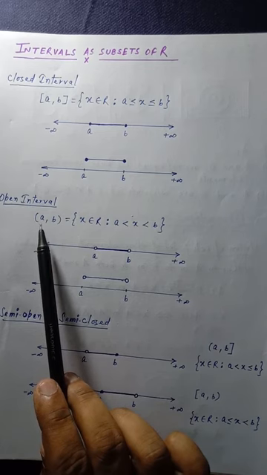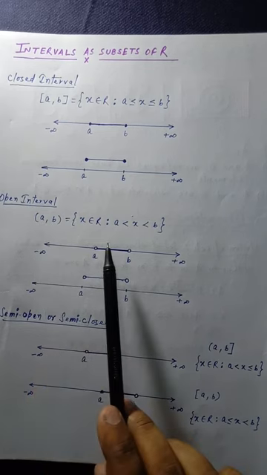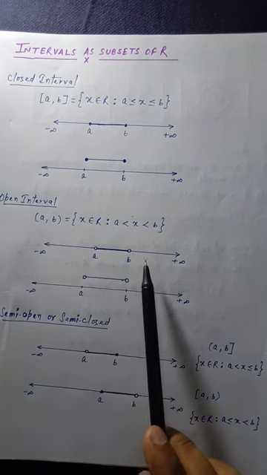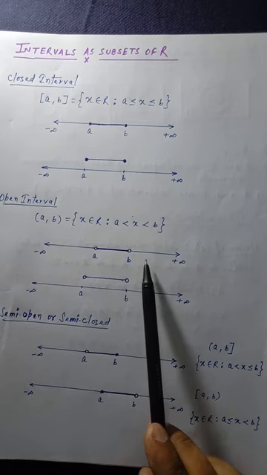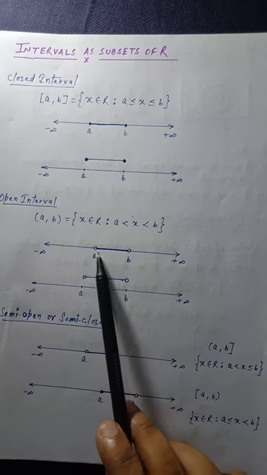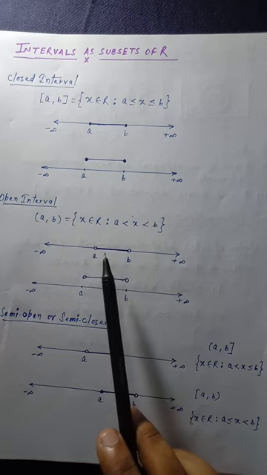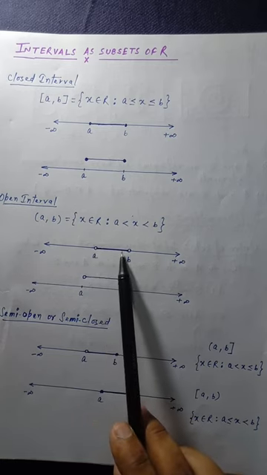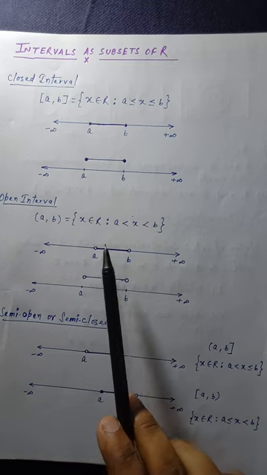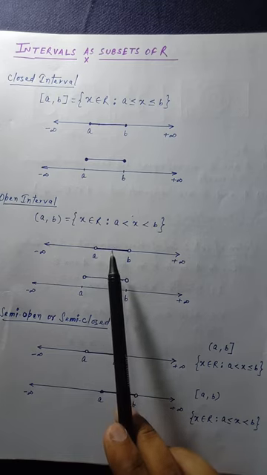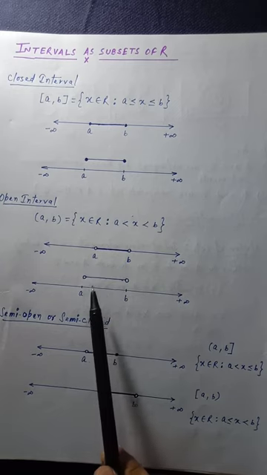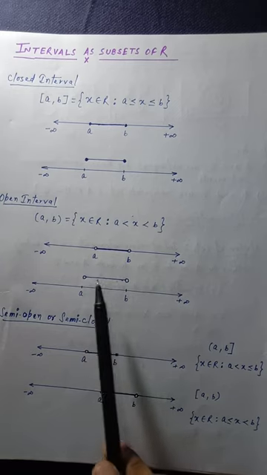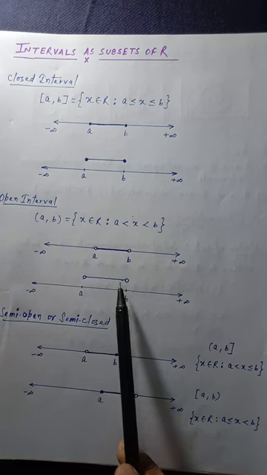So in an open interval, corner values are excluded. You can see this is the representation when the interval is open. It means the value of x is greater than a and less than b. But between a and b there are infinite values which we are including in the open interval. This is also a representation of an open interval. Just above a and b, draw a hollow circle and join the line.